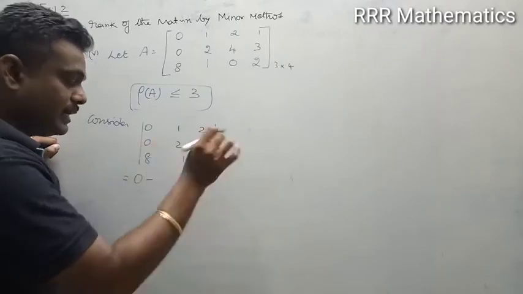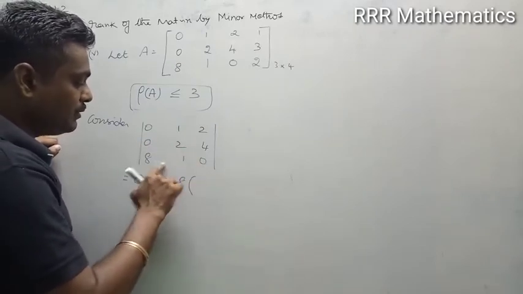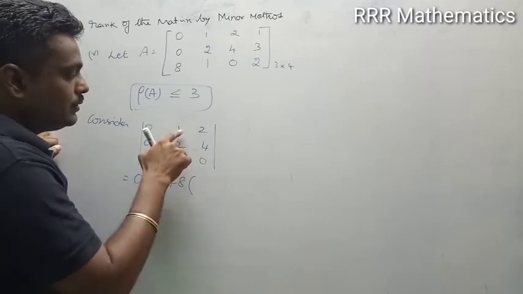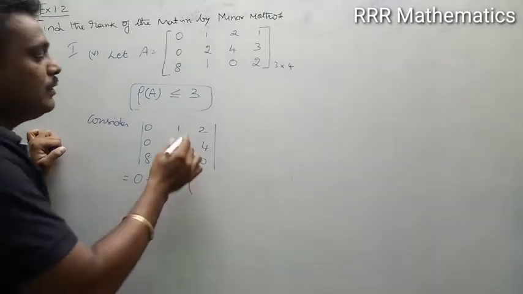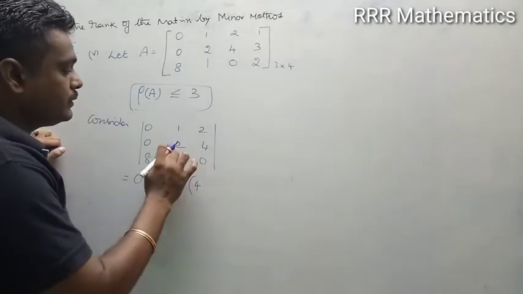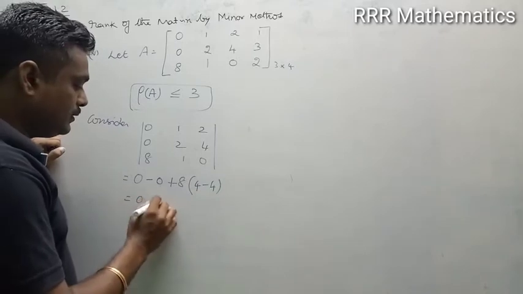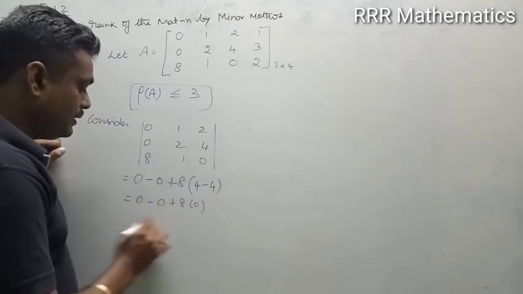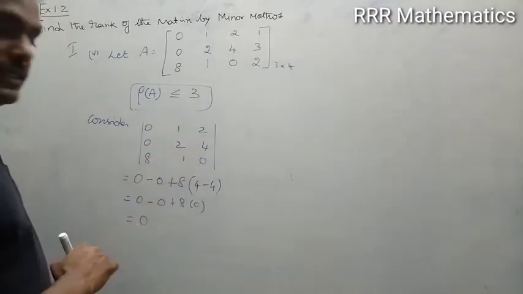Minus 0 times again anything, 0. Plus 8 times, leave the respective row and column: 1, 2, 2, 4. 4 ones are 4, 2 twos are 4. Opposite side minus. So this is 0, this is 0. 8 times 0 will be 0. So this combination I am getting 0.